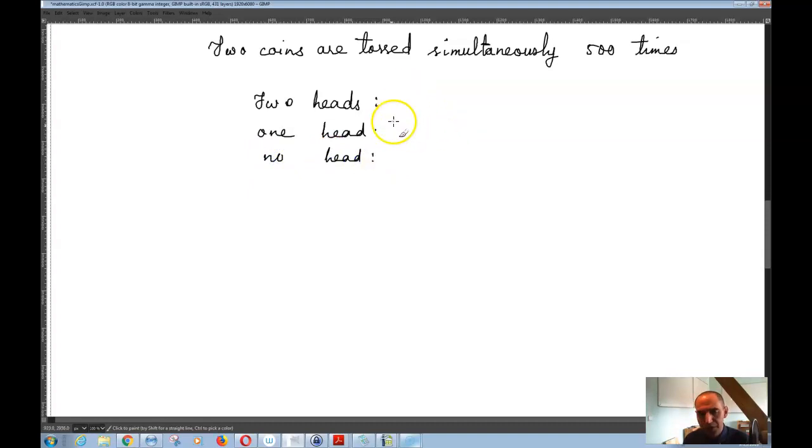The number of times that these happened were 105 times, 275 times, and then you had also 120 times. Now if you add these numbers together, you will get 105 plus 275 plus 120, which is 500 times.